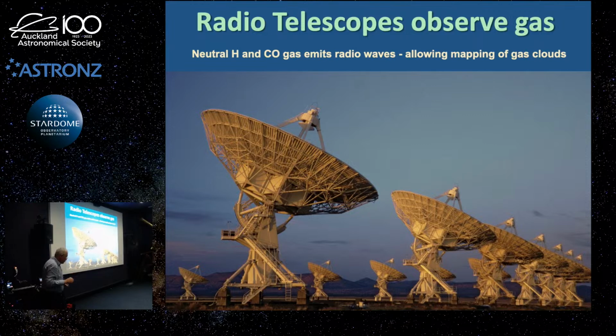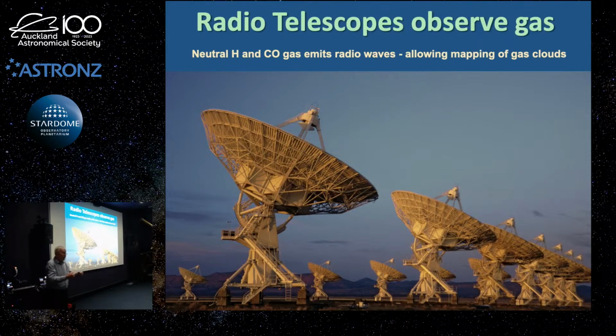The other major gas is molecular hydrogen, or H2, so two hydrogens bound together. That's relatively stable, and it doesn't really give out much radiation. But what happens is that it bumps into a carbon monoxide molecule, and there's plenty of those around, because remember, second only to hydrogen and helium, carbon and oxygen are your next two commonest elements in the universe.